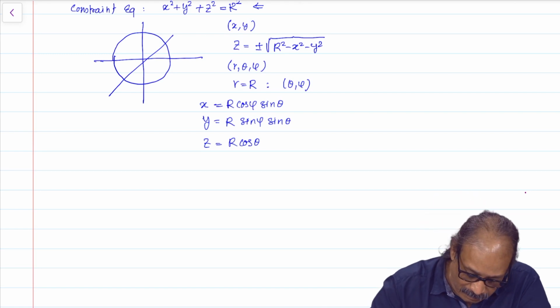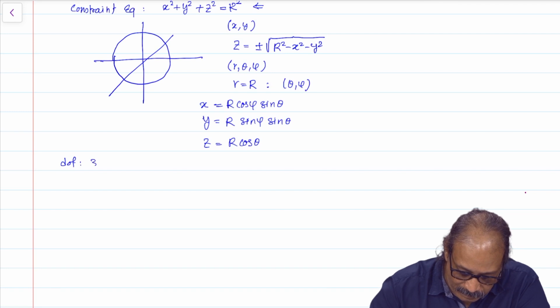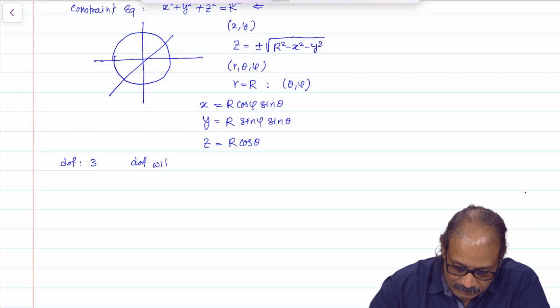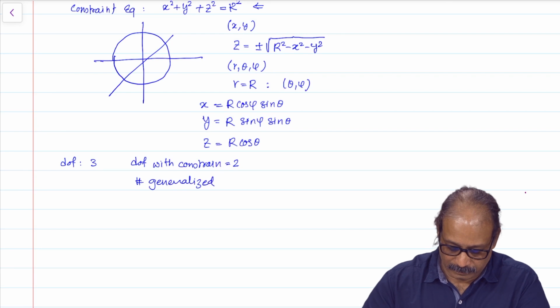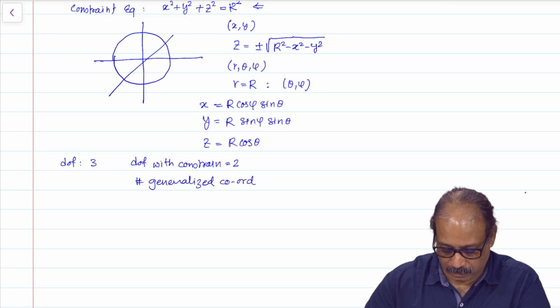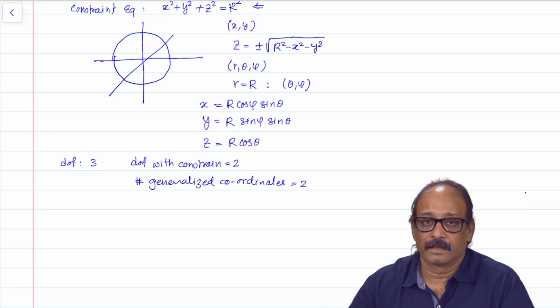In this case the original degrees of freedom without constraints were 3, then degrees of freedom with constraint is 2, and of course, the number of generalized coordinates is also equal to 2.